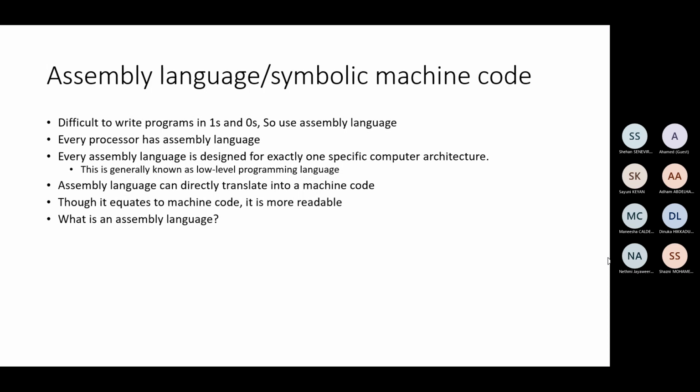But the answer is very good. Appreciate your effort. Next one. Low level language is used to communicate with the computer. We'll take it a bit more advanced. It could be directly translated using an assembler to be understandable to the processor. Rather than just a computer, we specify the processor. That makes sense.